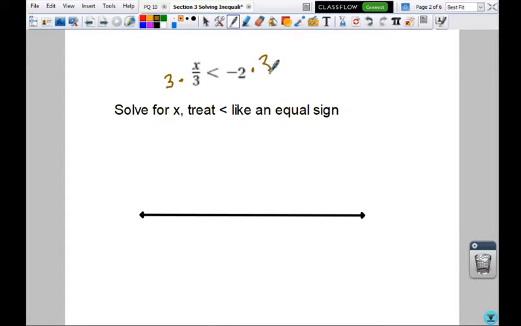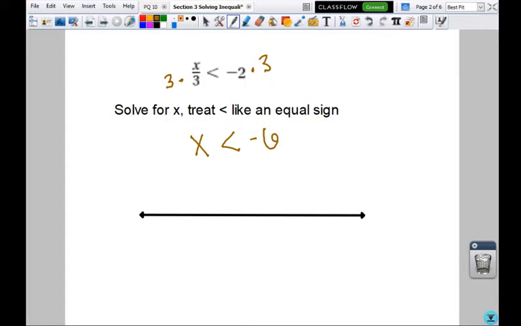This is just a divide by 3. All right, we are going to times by 3 on both sides, which means divide by 3 times by 3, they're opposites, they cancel out. I have an x left over, I have a less than, and negative 2 times 3 is negative 6.